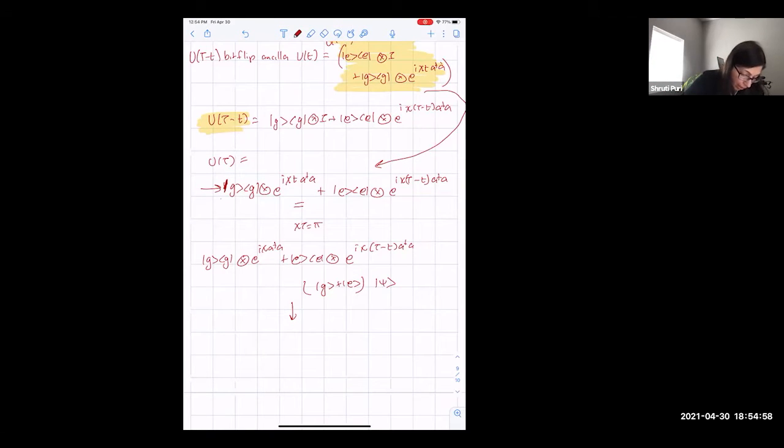Then the state that comes out is G tensor e^(iχt a†a) psi plus e tensor e^(−iχt a†a) psi.